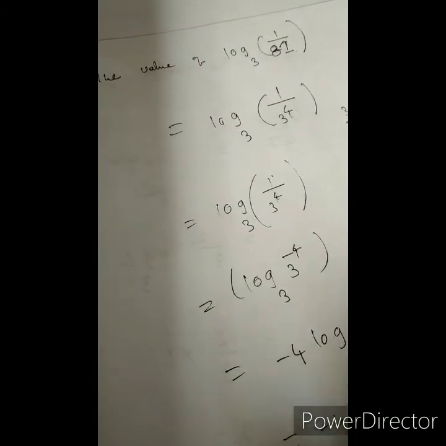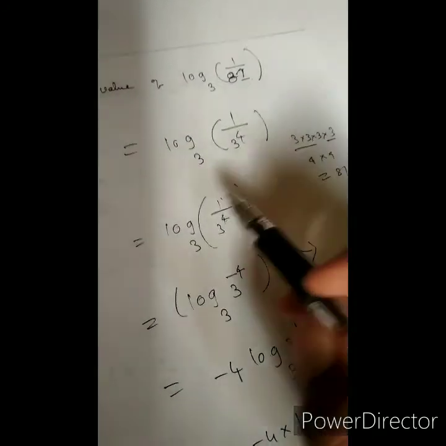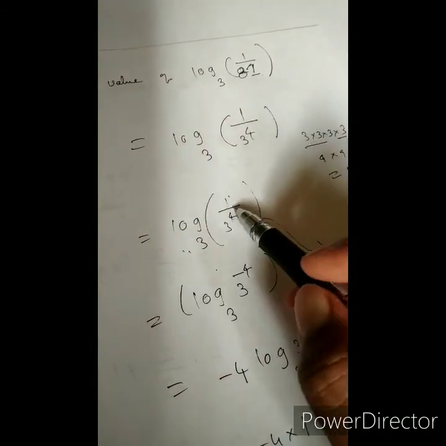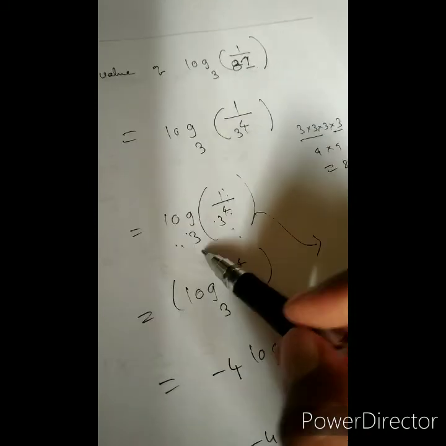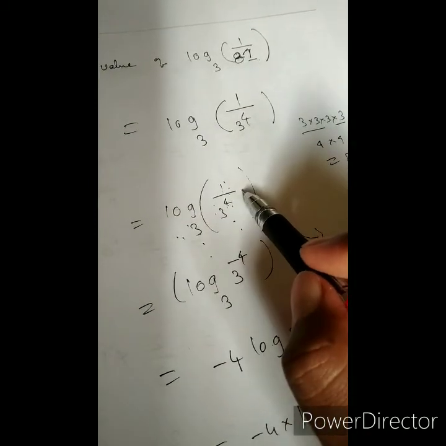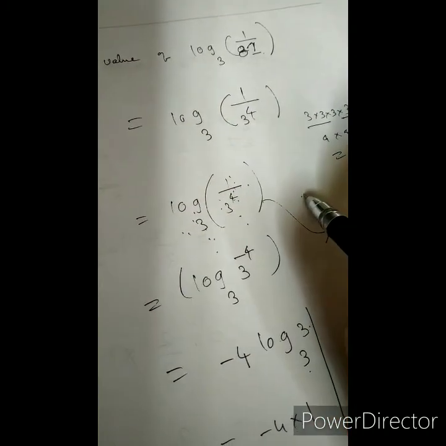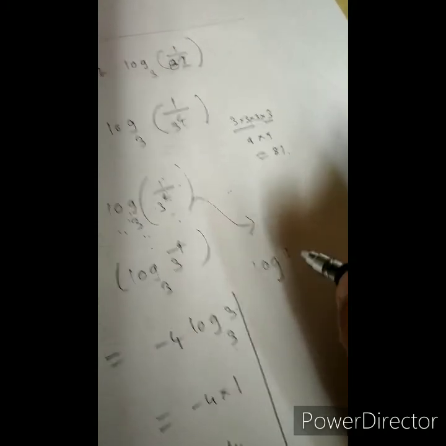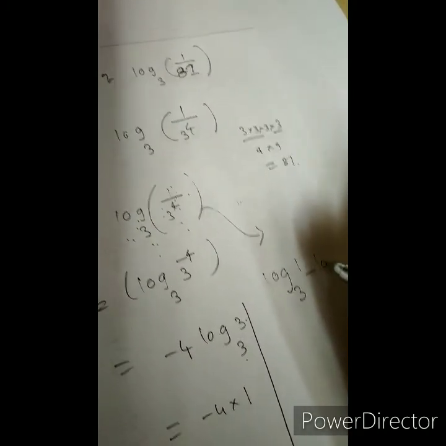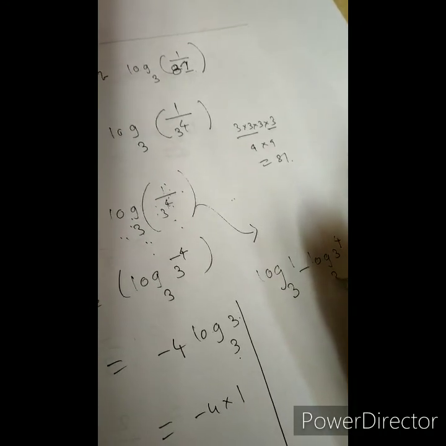This is equal to minus 4 into log 3 base 3, whose value is 1, which is equal to minus 4. Here we can apply another method also. Here we use log of m by n to the base a, which is log m to the base a minus log n to the base a. I write another method: logarithm of 1 to the base 3 minus logarithm of 3 power 4 base 3.